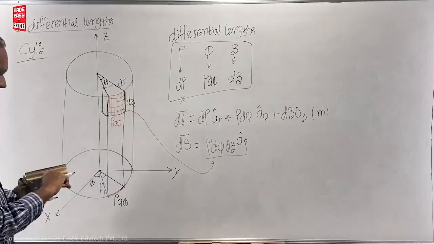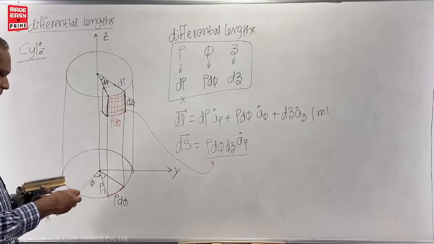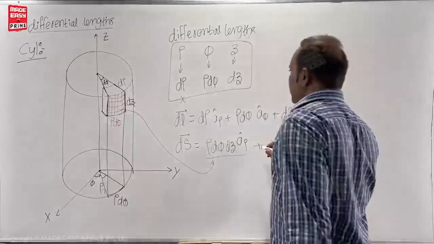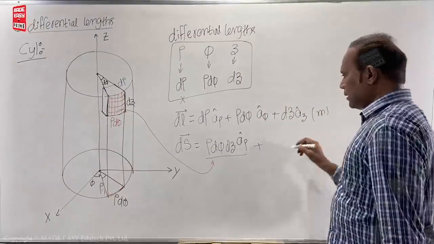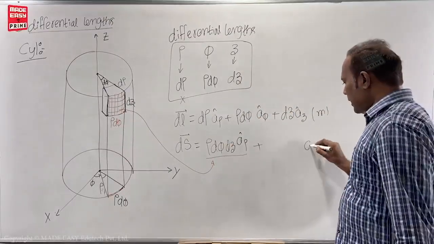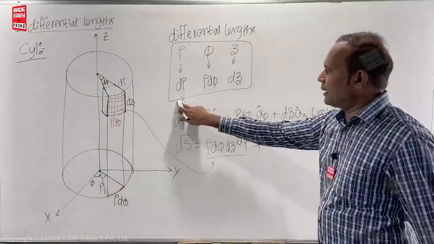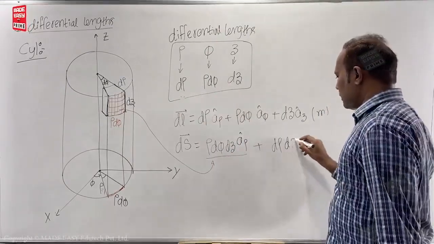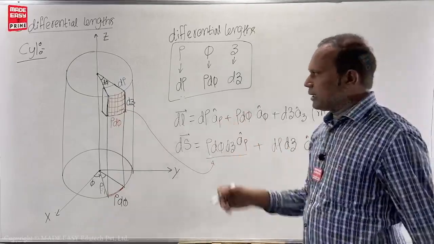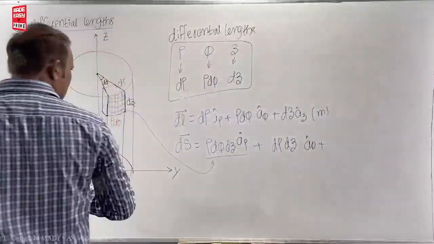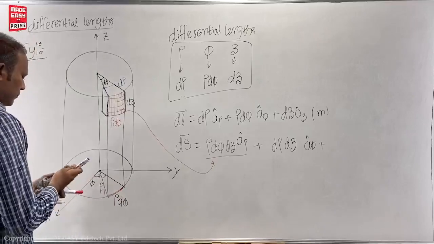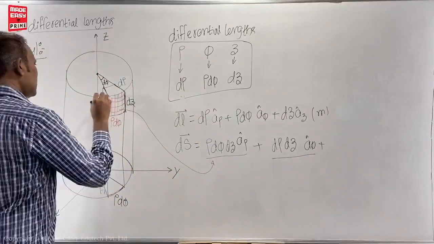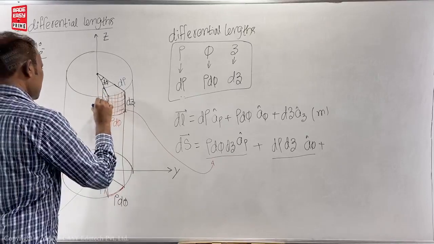In that way, the differential surface vector in the phi direction means you have to multiply these two, d rho and dz. If you want, you can see here, this is the surface. I am marking here with blue ink. This is the surface, right, dear students?